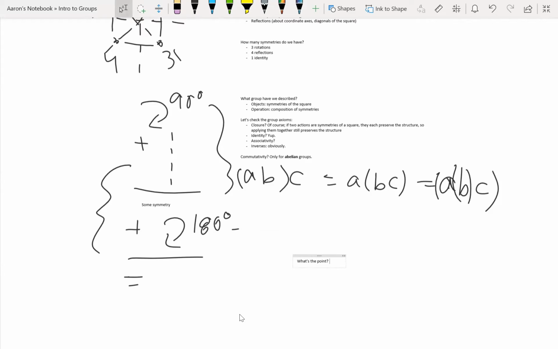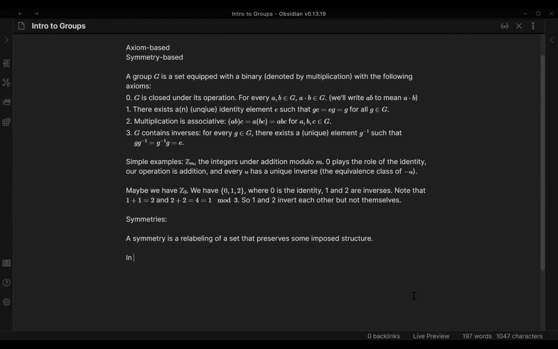The point is symmetries are groups. So if we want to come back over here and say, in fact, the collection of symmetries of some object preserving some structure forms a group.